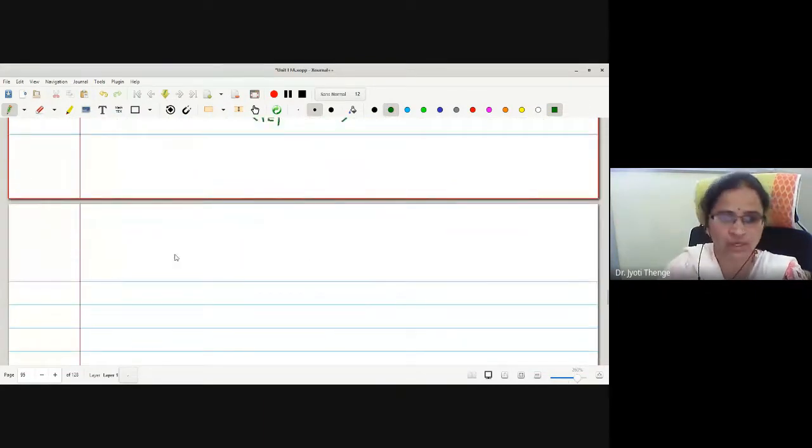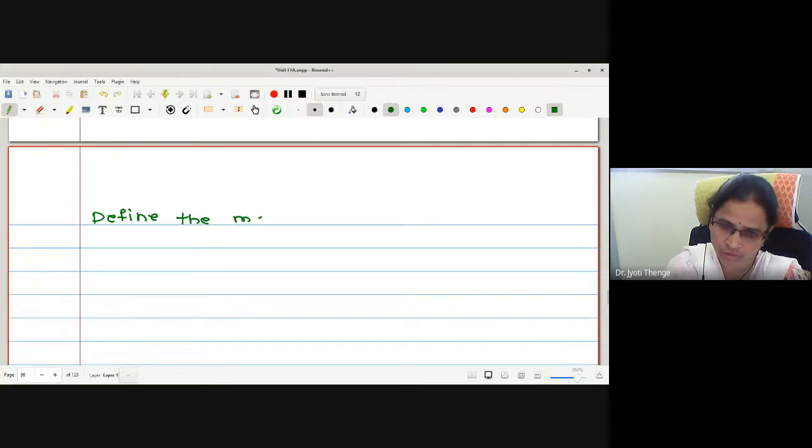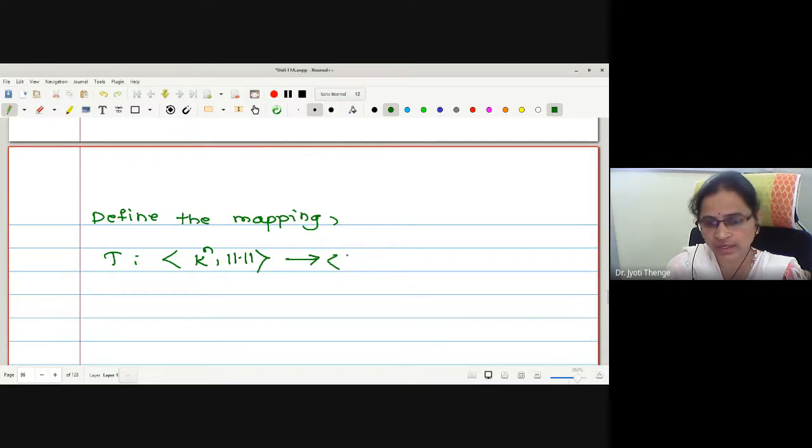Now let me go for defining the mapping. As I wanted to show there is a topological isomorphism between K and x or x and K, I will define the mapping between the two spaces. Let us define the mapping T. Okay, I will define the mapping from Kn with norm to x, and let us define the norm on this x to be some norm x.